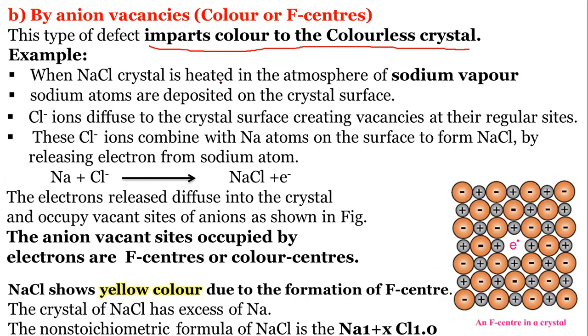When an NaCl crystal is heated in the atmosphere of sodium vapor, what will happen? Sodium atoms are deposited on the crystal surface. Also, Cl- ions diffuse to the crystal surface, creating vacancies at their regular sites.